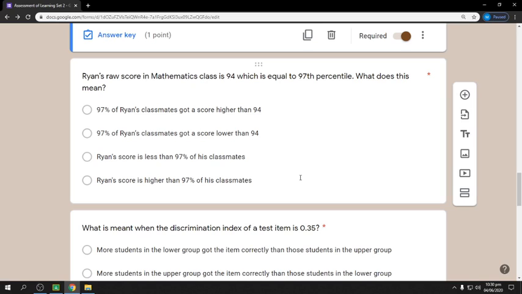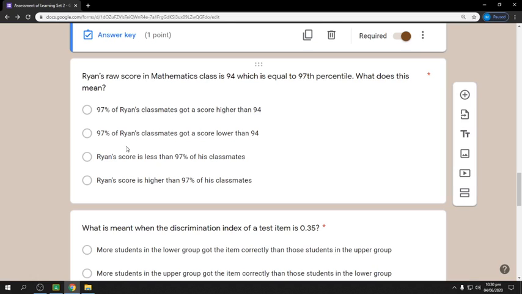Let's visualize this. If you say 97th percentile, does that mean that most of Ryan's classmates got a score of 95, 96, 97? This doesn't make sense. So I would X out A.